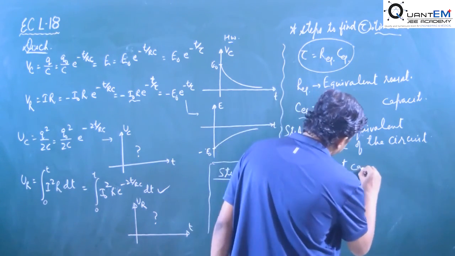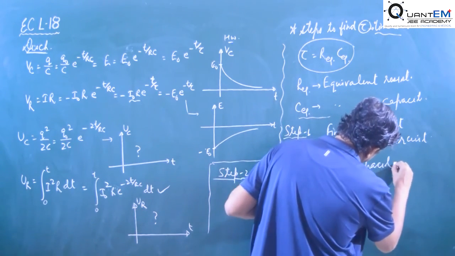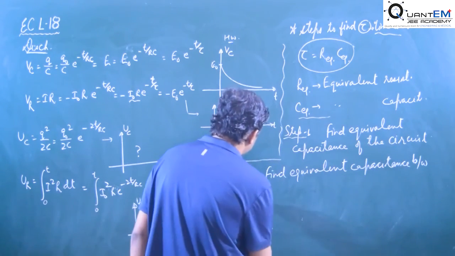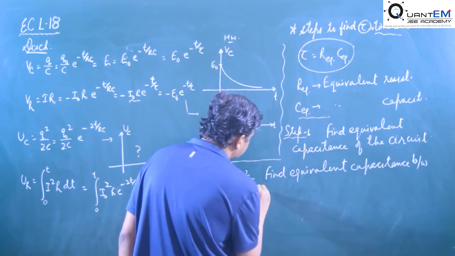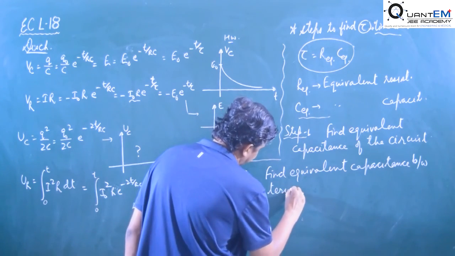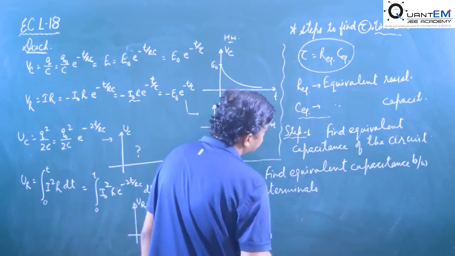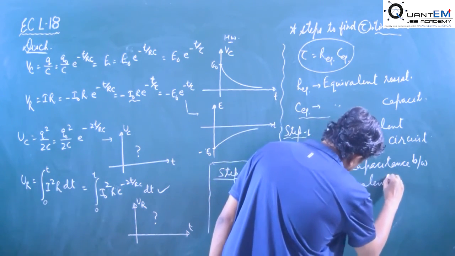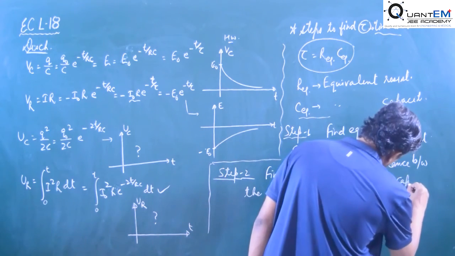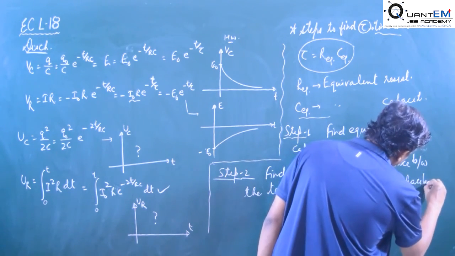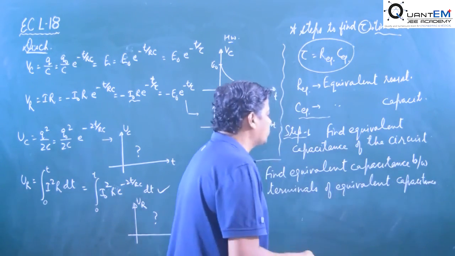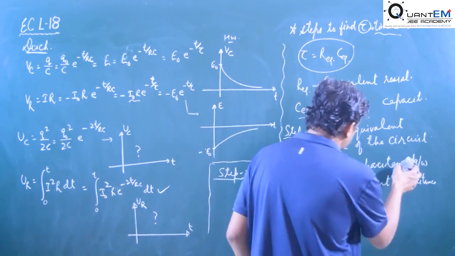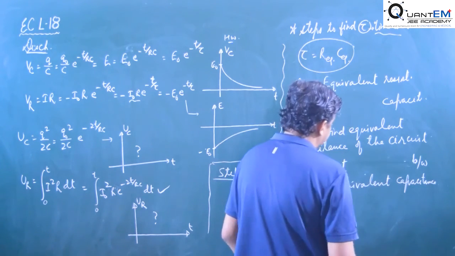So find the equivalent capacitance between the terminals of equivalent capacitance. About the equivalent capacitance, you have to get the value of what? The equivalent resistance. Sorry, it is not capacitance, it is actually what? It is resistance.